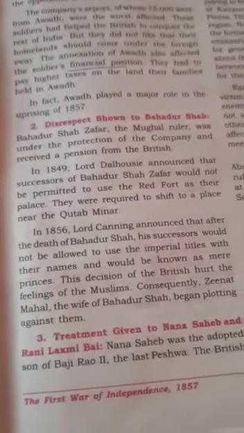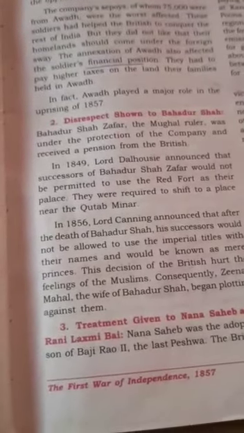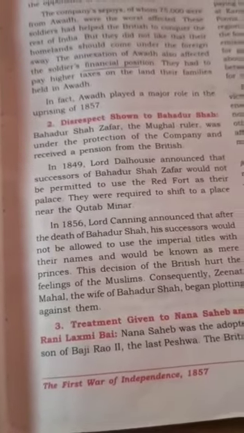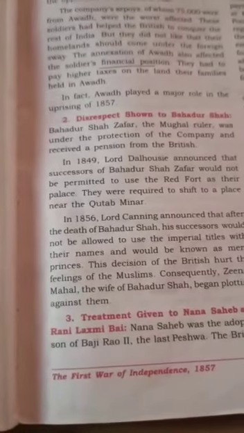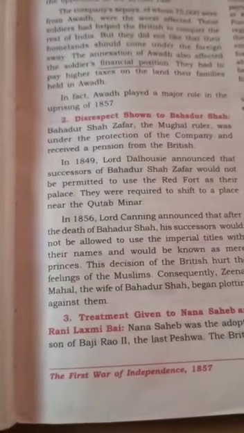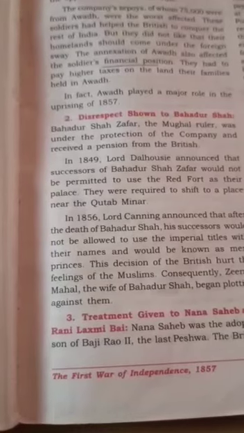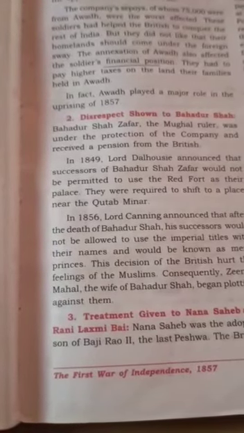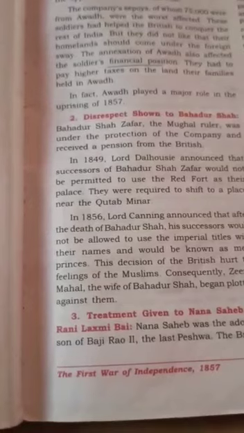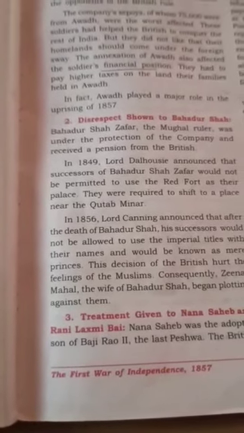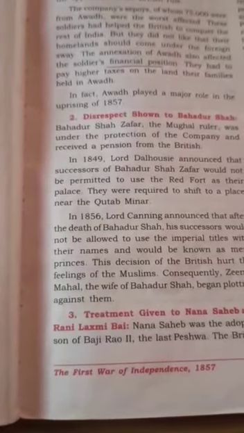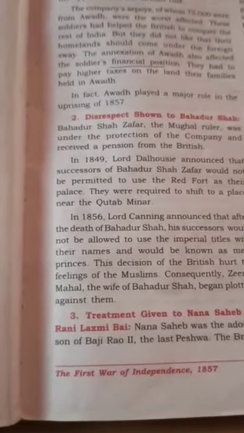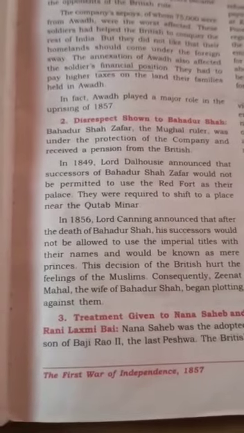Now another cause is the disrespect shown to Bahadur Shah. Bahadur Shah Zafar was the last Mughal emperor, as everybody knows, and he was given a pension by the Britishers. Later Lord Dalhousie announced that the successors of Bahadur Shah Zafar would not live in the Red Fort, they would live somewhere else, and they would not be given any kind of titles or any other name, they would just remain princes.